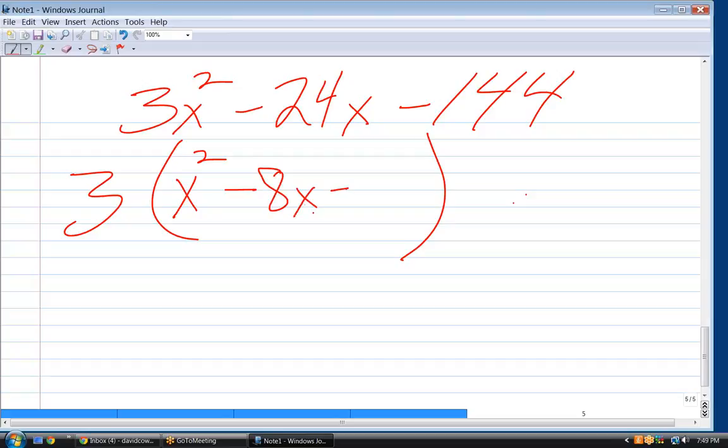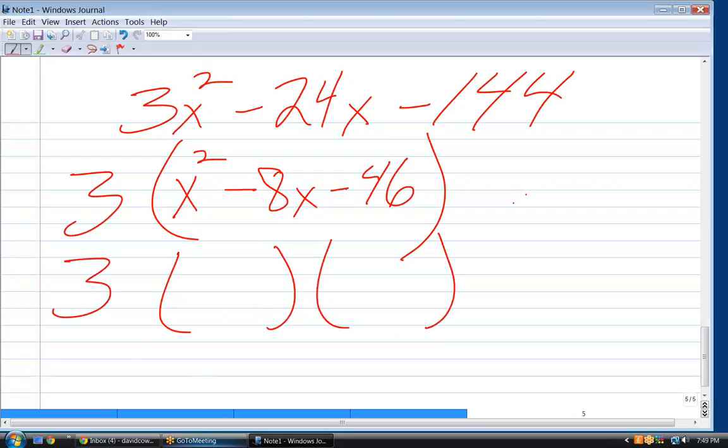And then a minus, what would that be? 46. Okay. So now we have a simple factoring problem. And it's simple because the x squared term does not have a coefficient in front of it, which means it's relatively easy to break down.